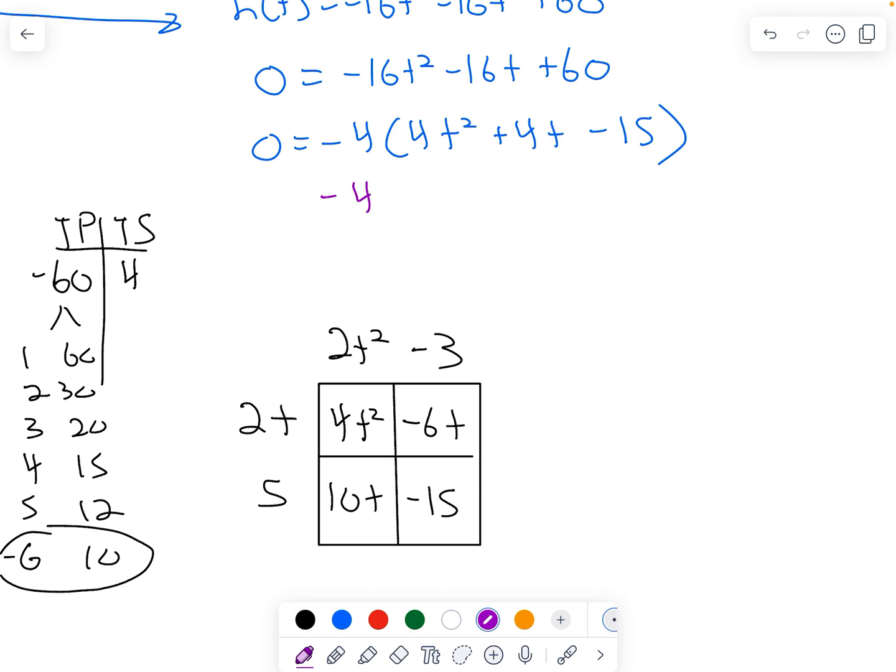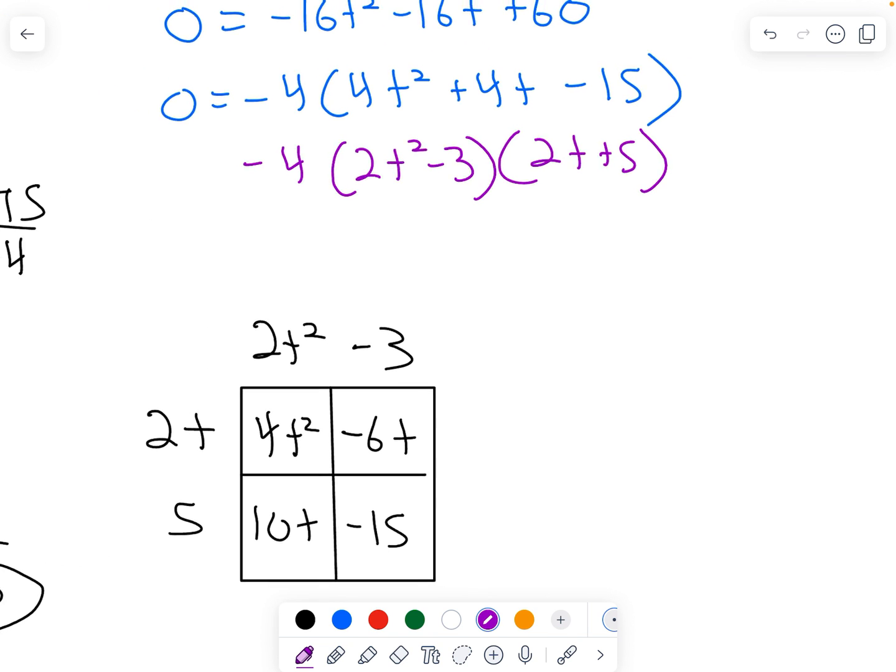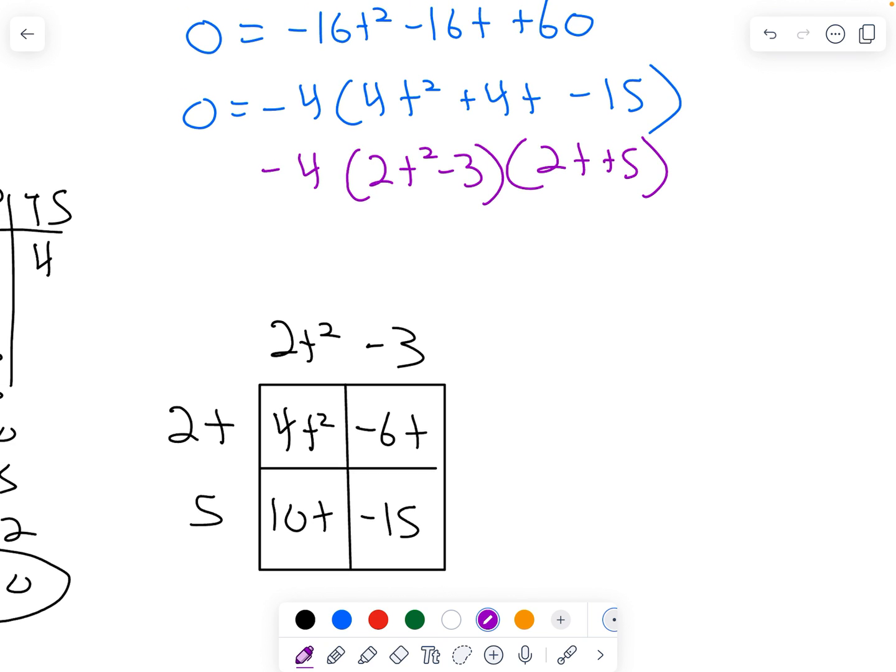So I've got 2t squared minus 3 and 2t plus 5. Oops, I have a squared in there. I apologize. There we go. Much better. So if I take each of these aside, I've got them set equal to 0. I'm going to get 3 halves for one of my answers and negative 5 halves for the other one.